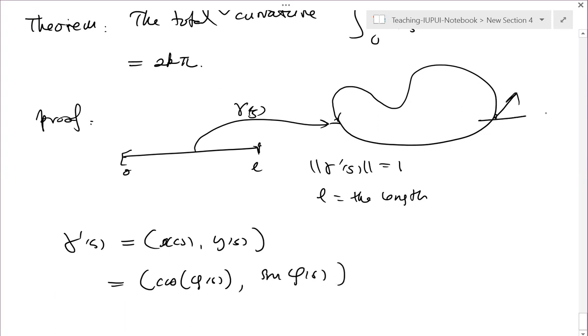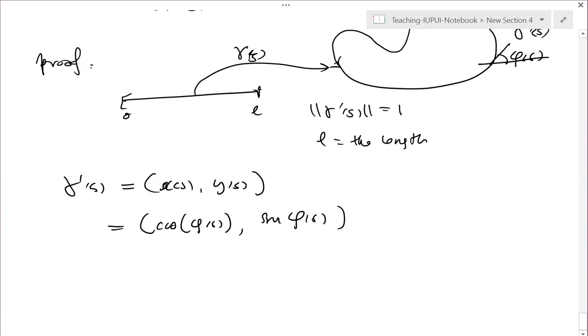This is the angle, where phi(s) is the integral from an arbitrary point, in 0 to L, to s, of kappa, plus this number.